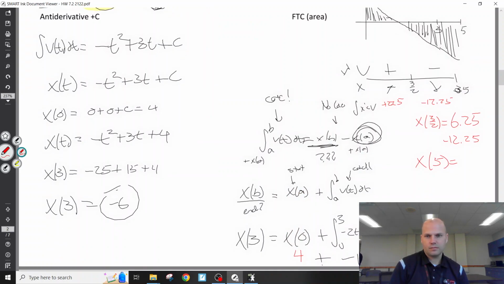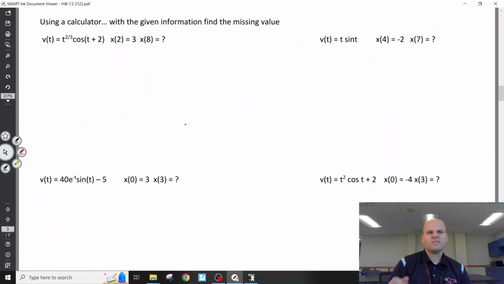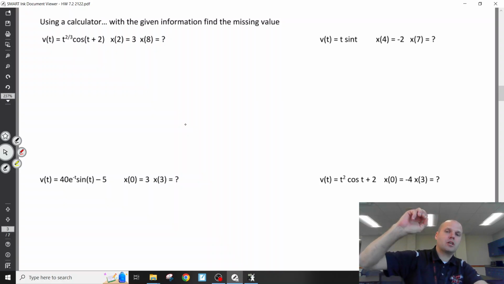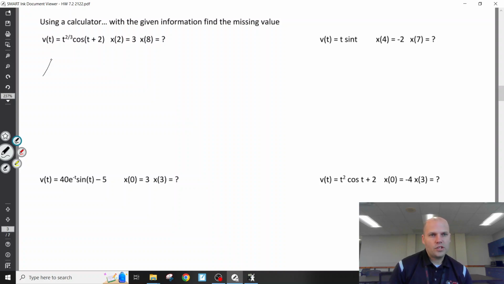Okay? If we have a known position and we know how much we've traveled, or not how much we traveled, but where we end versus where we start, boom, we're good. We don't know what our position at 8 is.